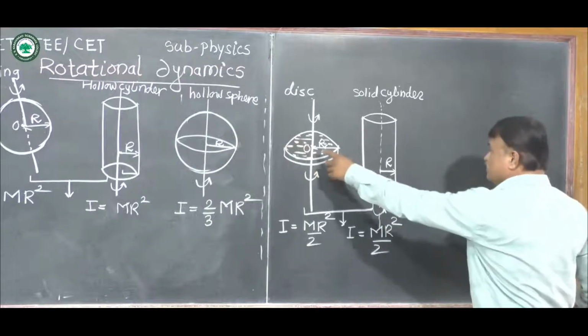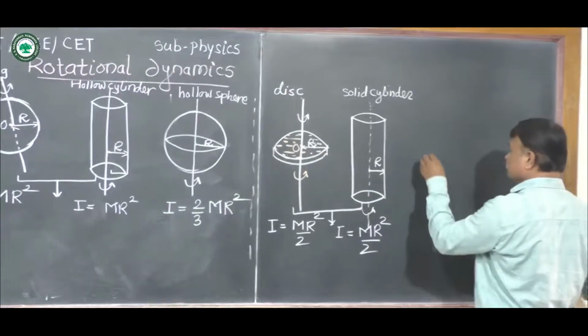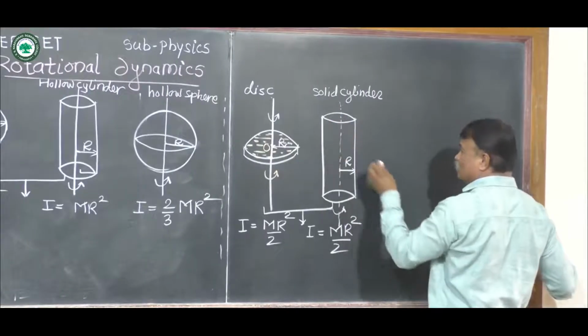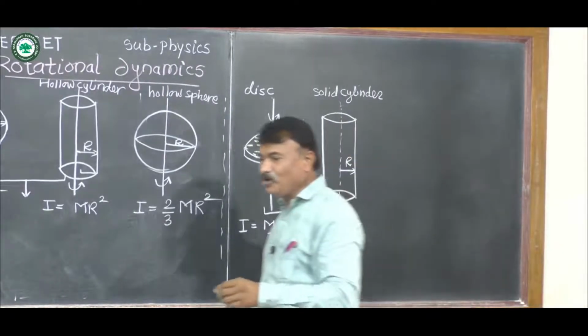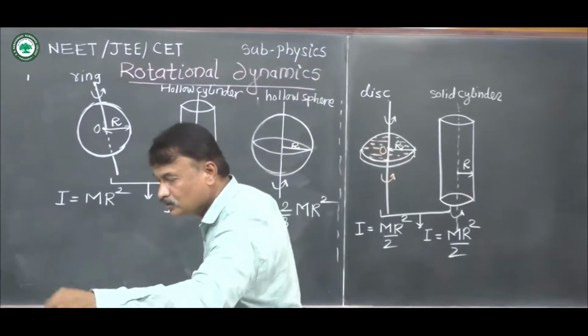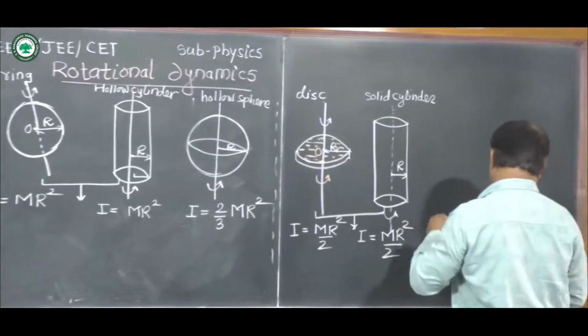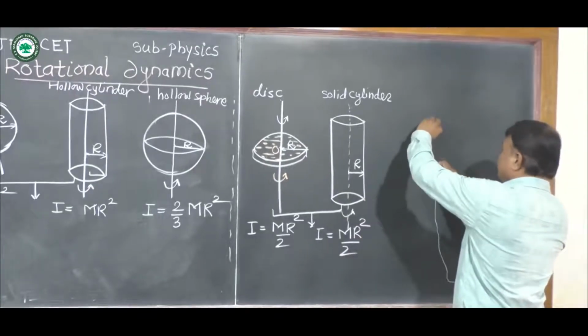Now if we use the same disk at the center and its radius continuously goes on decreasing, then there is formation of a solid sphere, like this one.